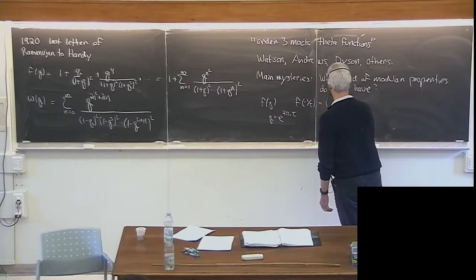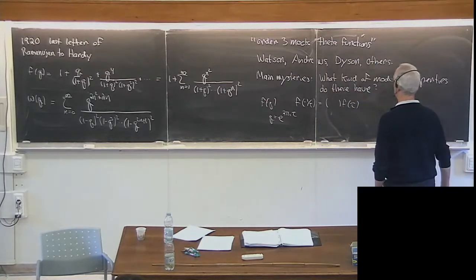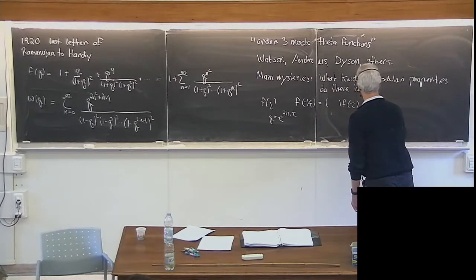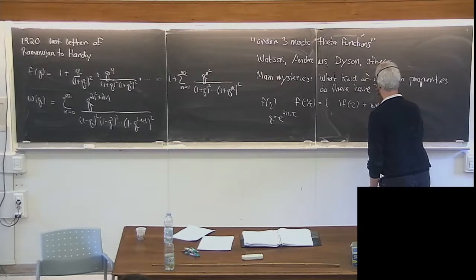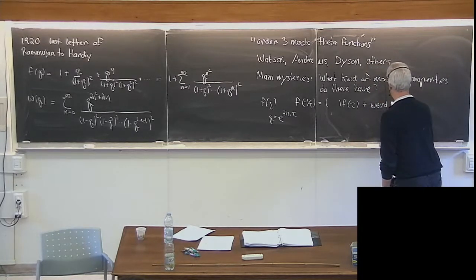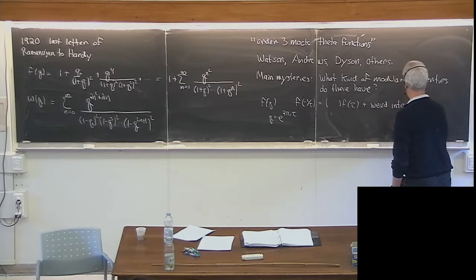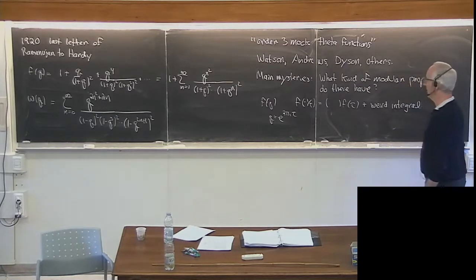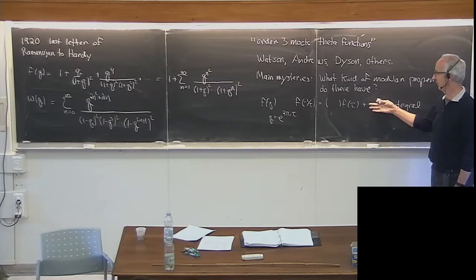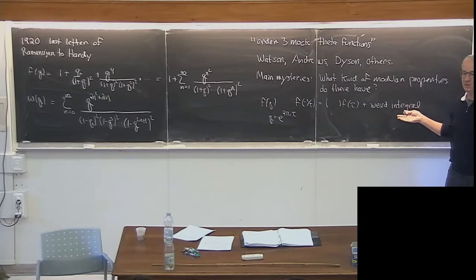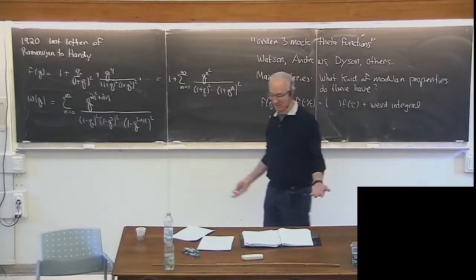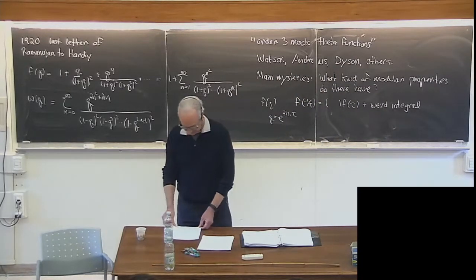Well, I'm not sure about this particular example, but you could find a kind of modular transformation property. I think Watson first found this. I'm not going to write down the details, but he found that it transformed sort of like a modular object, but then there was some weird integral here. So it's not really modular, there's some strange thing going on there.